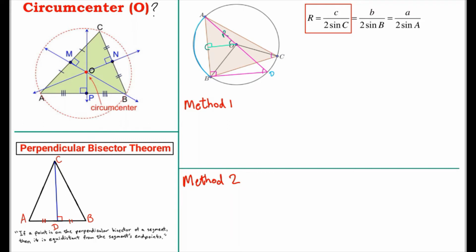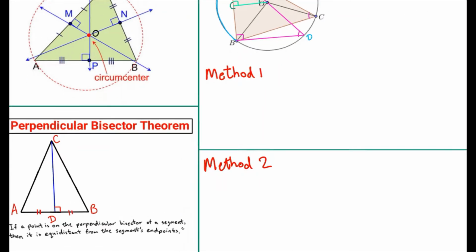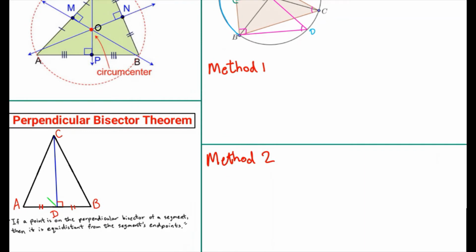This means that these two lines over here, AD and BD, are both equal.